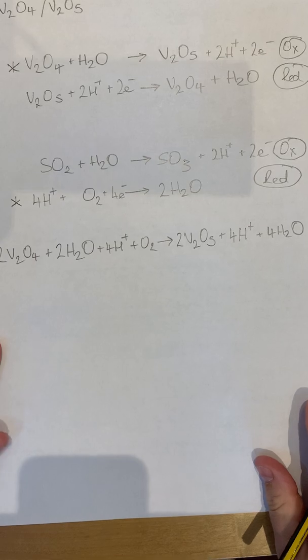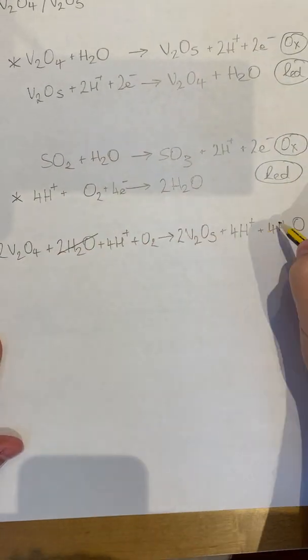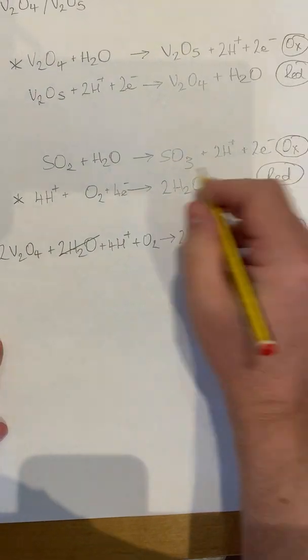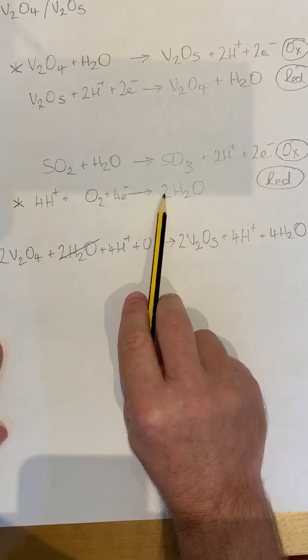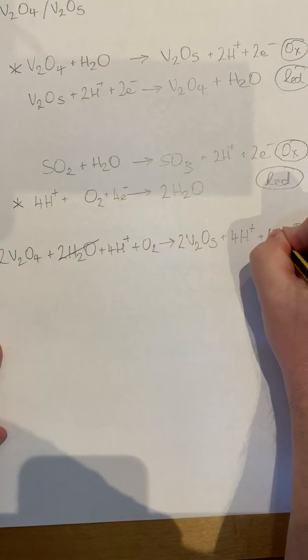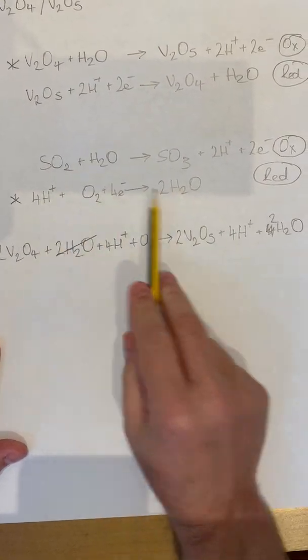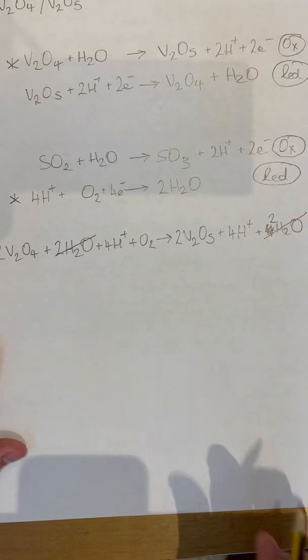Then because we've got the same species on both sides of the equation, we can cancel out. Subtract 2 waters from both sides. And I've just made an error. I didn't need to double that. That should have just been a 2. So 2 H2O gets subtracted off both sides.